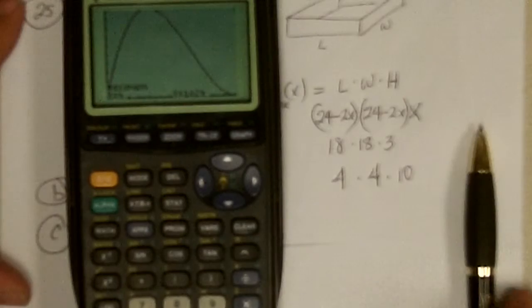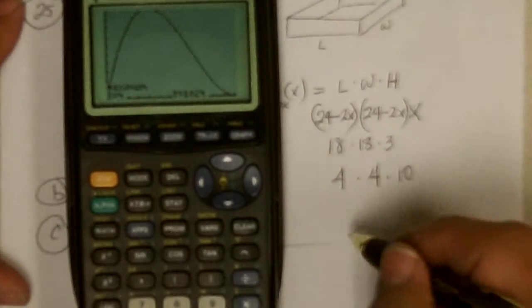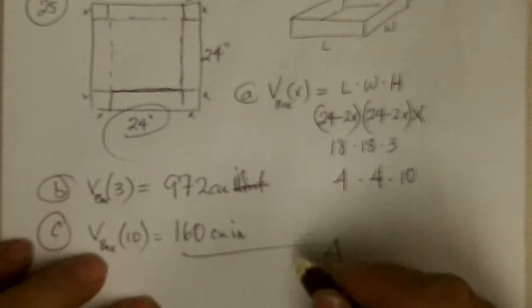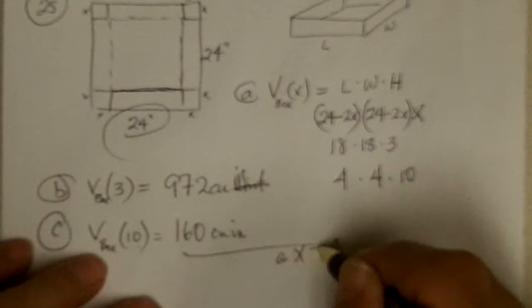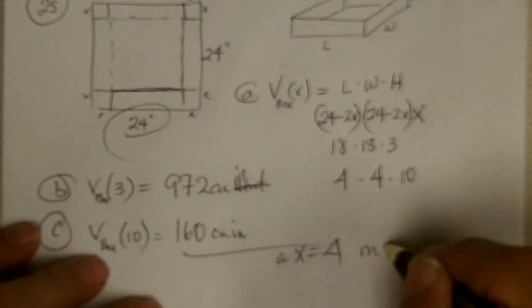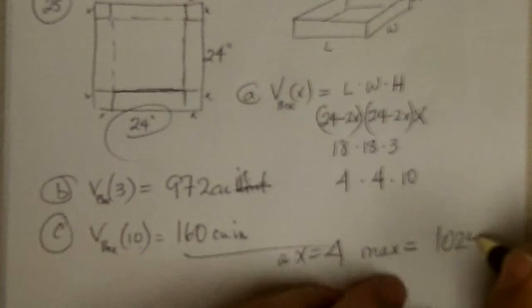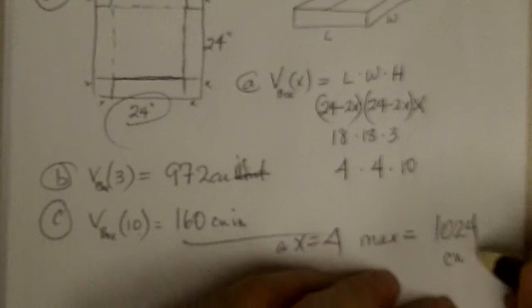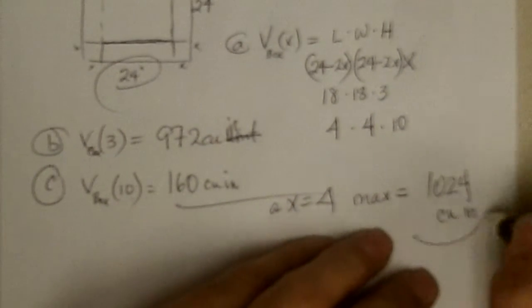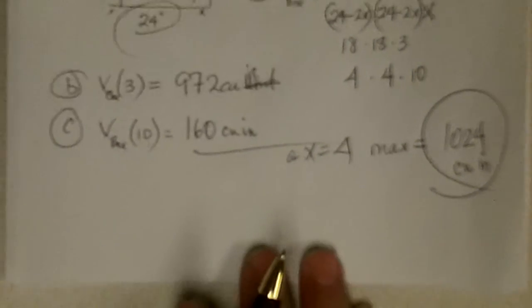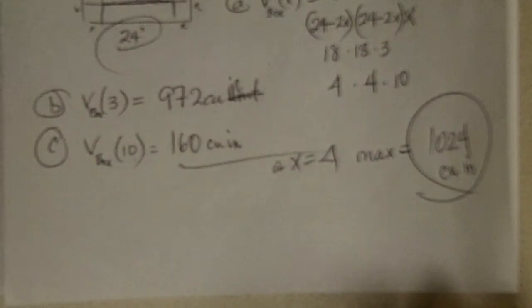And it says 4 gets me 1024, and that's it. 4 is where it's at. At x equal 4, we get a maximum of 1024 cubic inches. Okay? That is the last section.